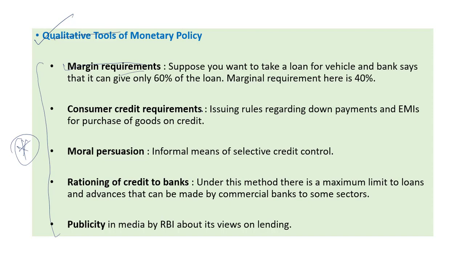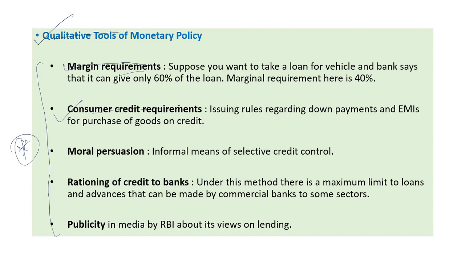So you must have 40% of the amount. Suppose a car is worth 5 lakh rupees, so 2 lakh rupees you should be having with yourself. So make an advance payment of 2 lakh rupees, and 3 lakh rupees the bank will provide you. So the bank will provide you only 60% of the loan, right?